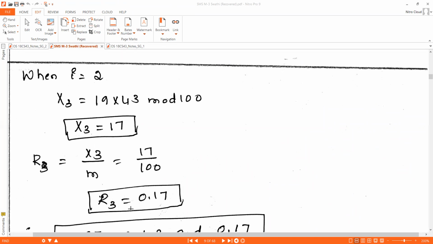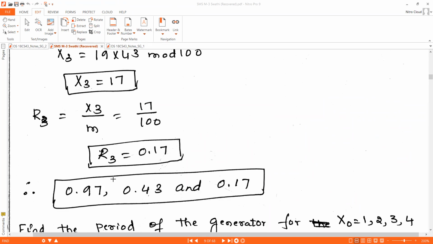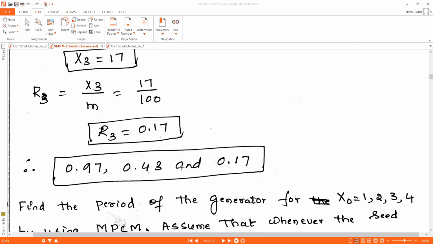Okay, 17 by 100 we will get 0.17. R3 value will be 0.17. So these are the 3 random numbers we have generated by using the given x0 value, a value, c value and m value. That is 0.97, 0.43 and 0.17 are the 3 random numbers which we have generated.